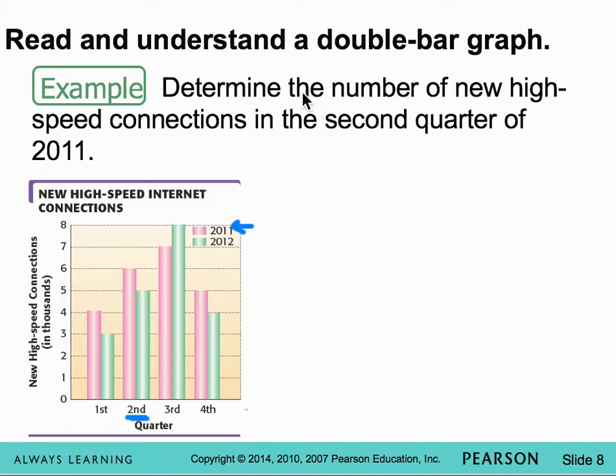Okay, so determine the number of new high-speed connections, and of course, it's in thousands. I need the pink bar in the second quarter, 6,000. 6,000 new high-speed connections in the second quarter of 2011.